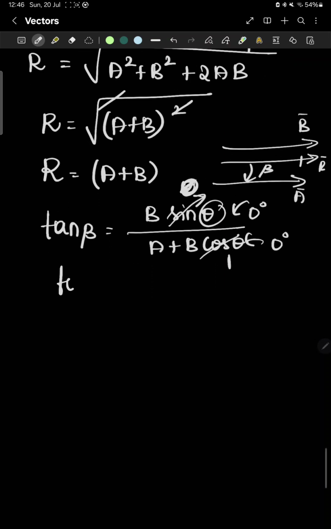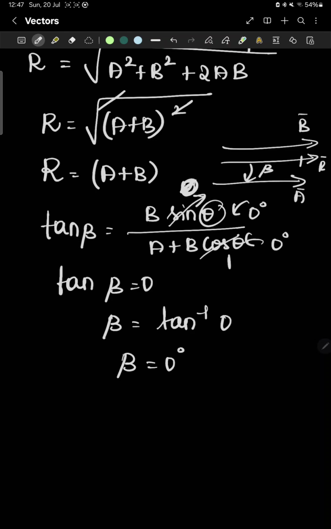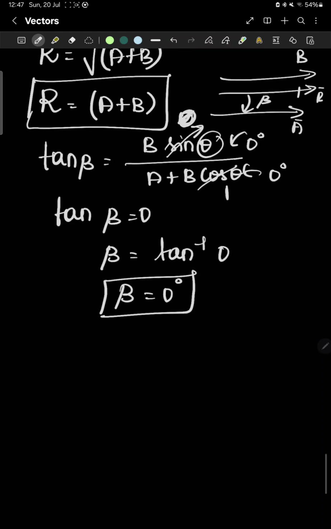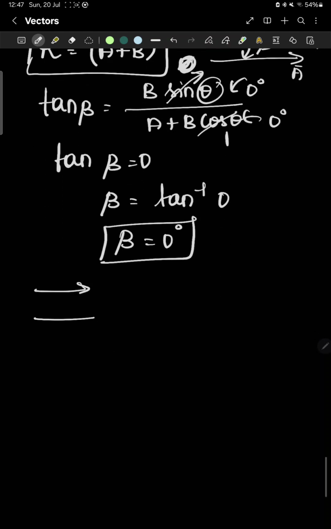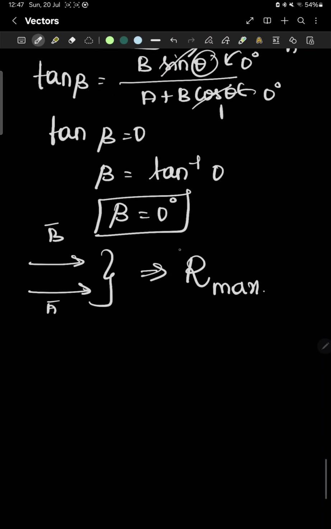The entire thing becomes 0. So tan beta is 0, and beta is equal to tan inverse of 0, and finally beta will be 0 degree. So these two things are very important. And one more thing: when the two vectors A vector and B vector are parallel to each other, the resultant vector will be the maximum value. The next case we'll see in the next video.